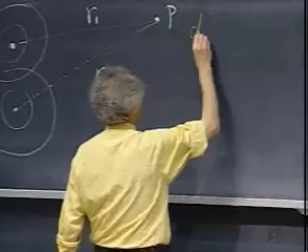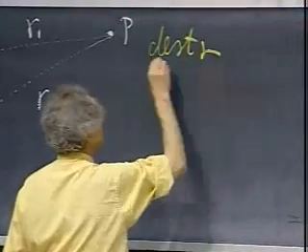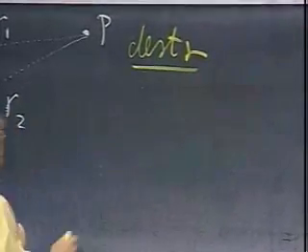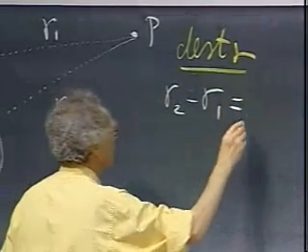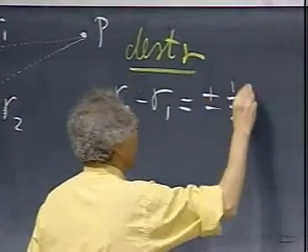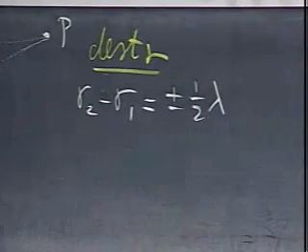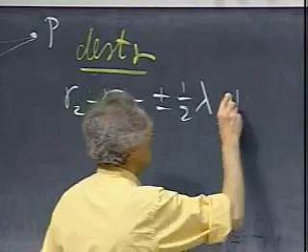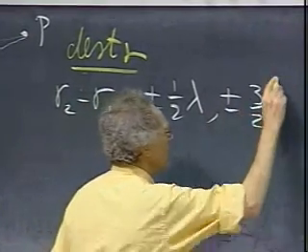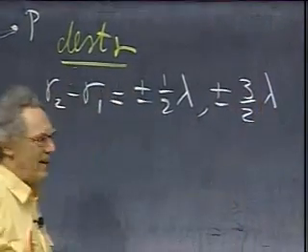And so we're going to have destructive interference when R2 minus R1 is, for instance, plus or minus 1/2 lambda, but it could also be plus or minus 3/2 lambda, 5/2 lambda, and so on.